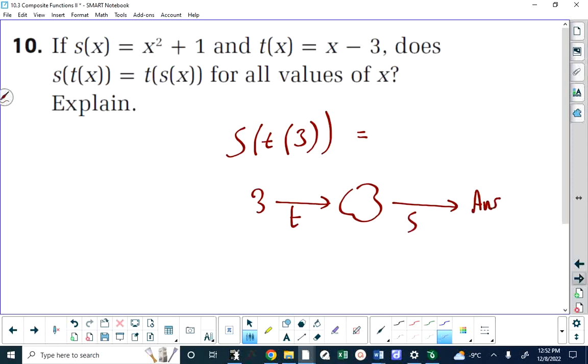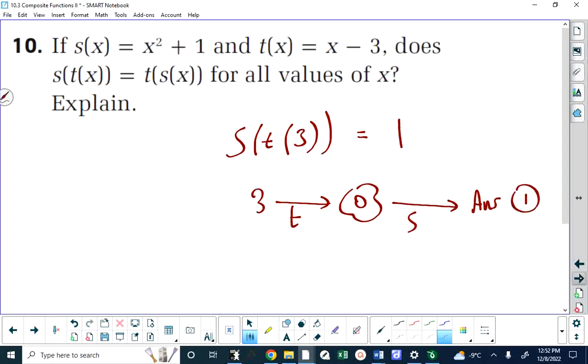So if I put 3 through t, I didn't pick 3 intentionally, it was just a number that popped into my head. I get 3 minus 3, which is 0. And if I put 0 in for x in s, I get 0 squared plus 1, I get 1. Okay? So this is equal to 1.